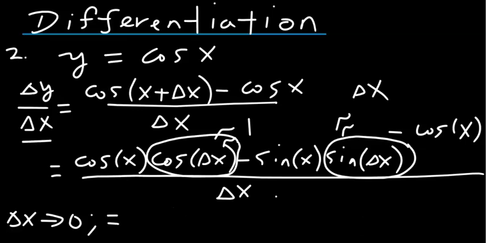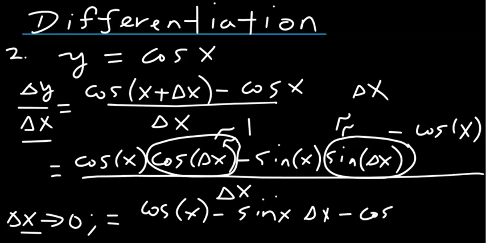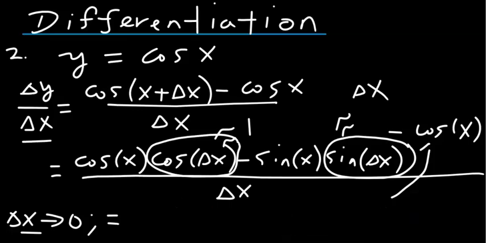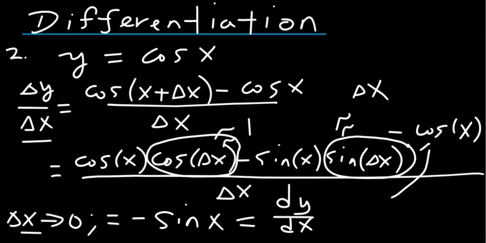So this ratio under this limit will simply become cosine x minus sine x delta x minus cosine x, over delta x. So cosine x minus cosine x, that's 0, and this delta x will cancel that delta x to give you minus sine x. So this is indeed the derivative of y with respect to x for this function.